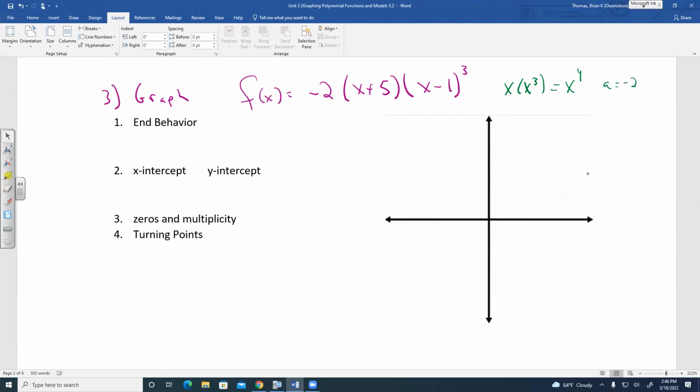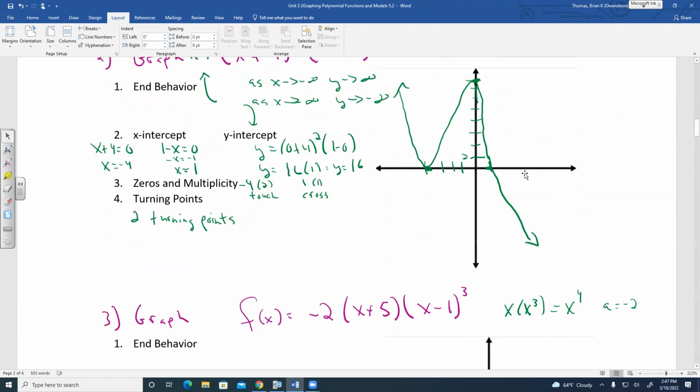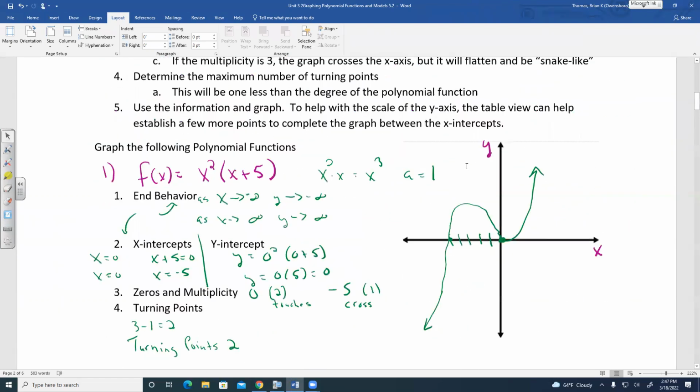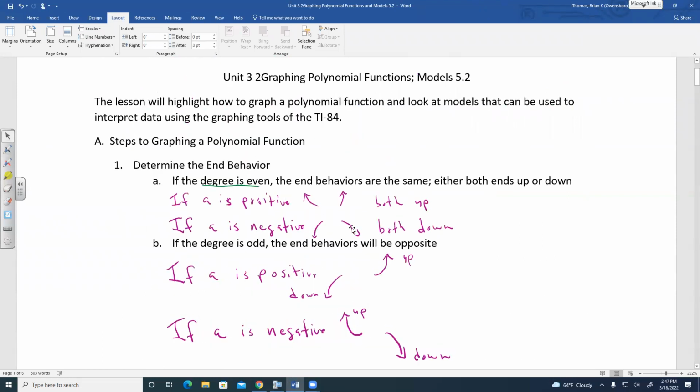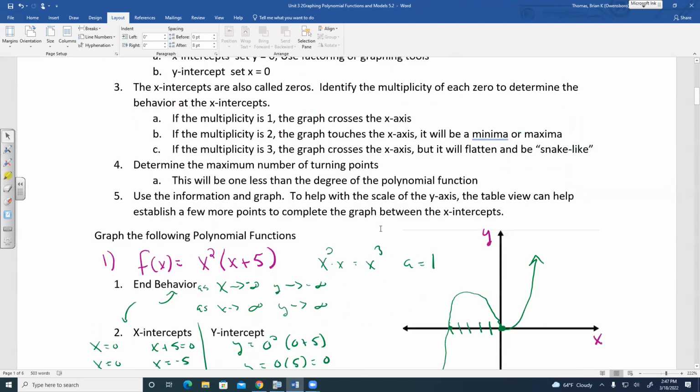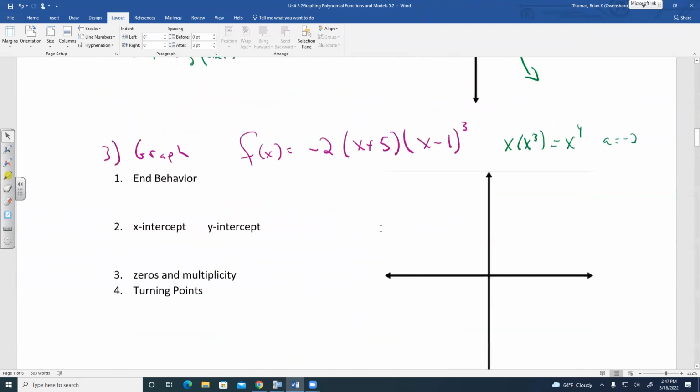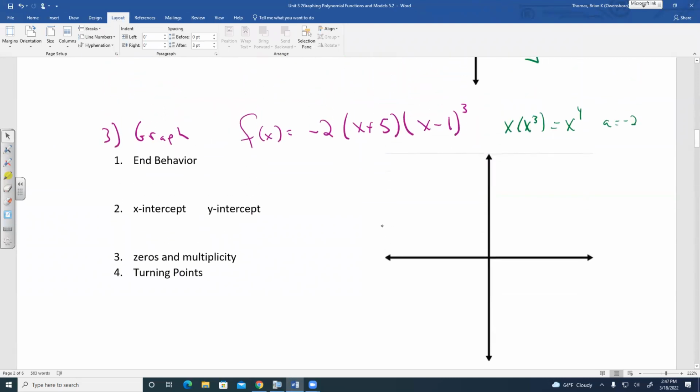So if the degree is even and a is negative, they both should go in a down direction, both down. So end behavior should be down here and down here.